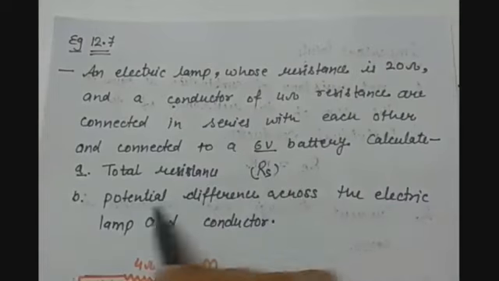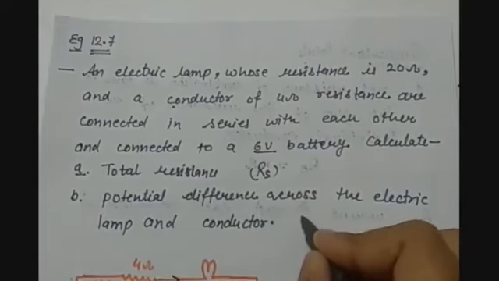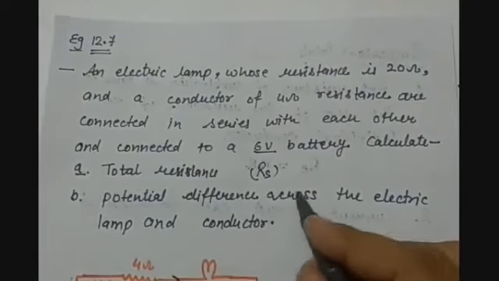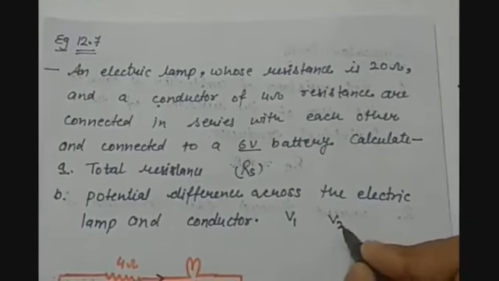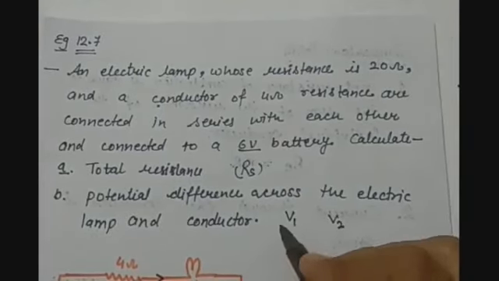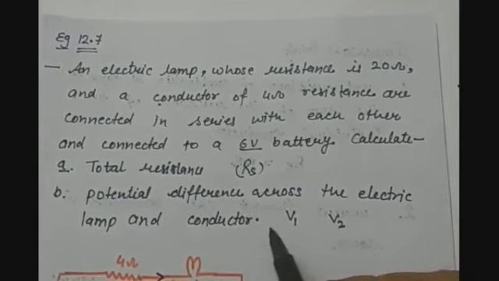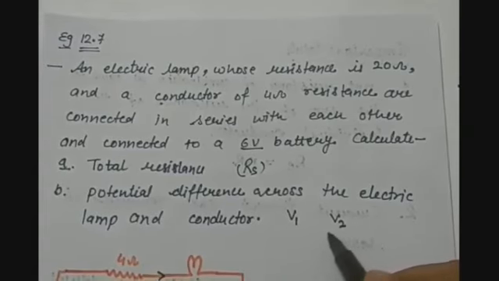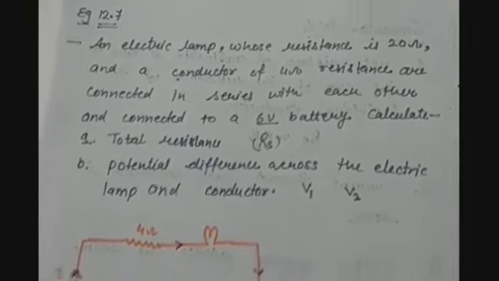And we have to find the potential difference across the electric lamp and conductor. That means if V1 is the potential difference across the electric lamp and V2 is the potential difference across the conductor, because we know that in a series combination each resistance or conductor has a different potential difference across its ends.